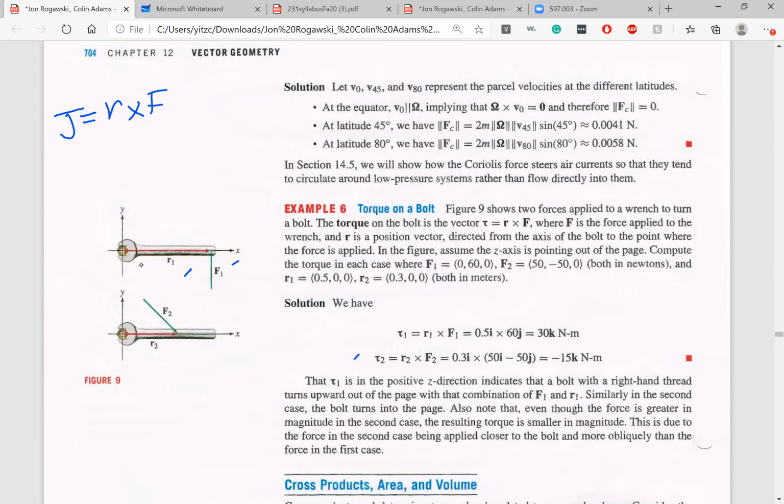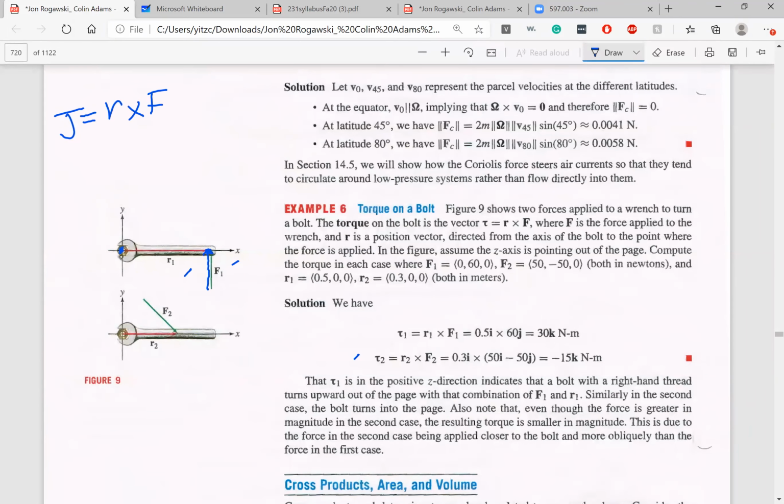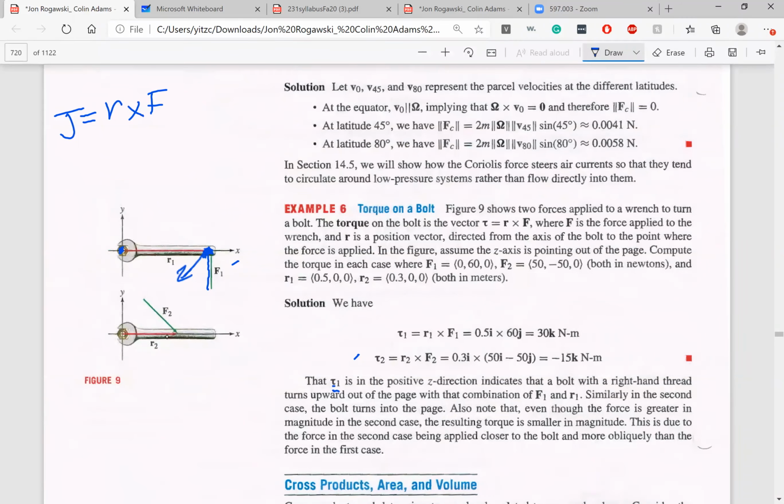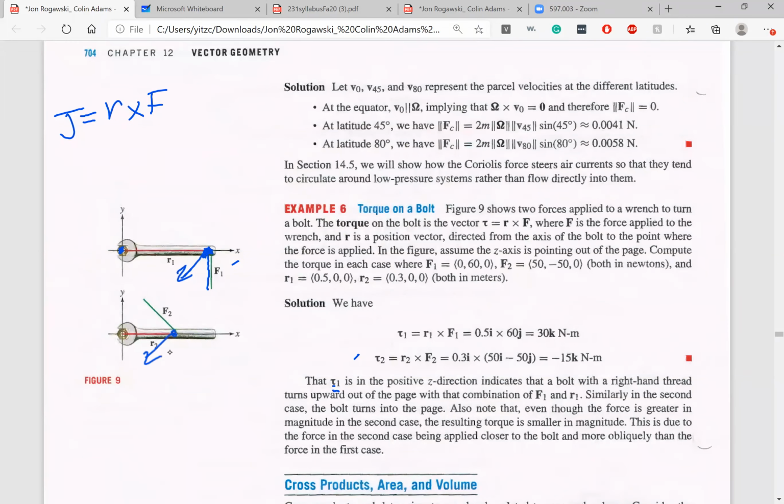For example, if you have a wrench over here, then F is the force that you apply to a certain point, and R is the distance from where the wrench is turning to where the force is being applied. If you take the cross product, you're going to get the torque. And you will notice that in these types of pictures, the torque is going to be in the z direction, coming out of the plane, something like that.